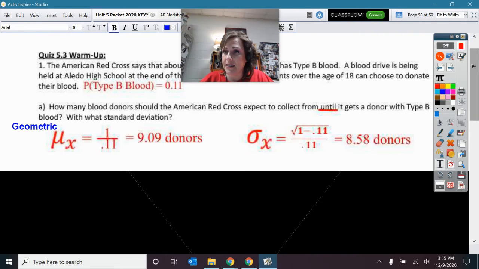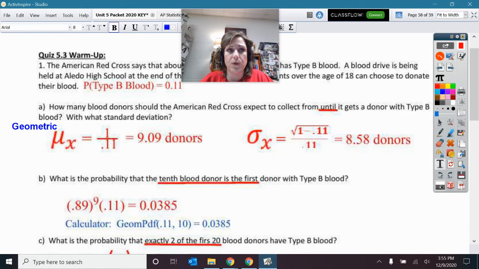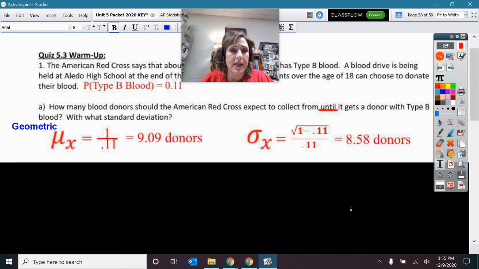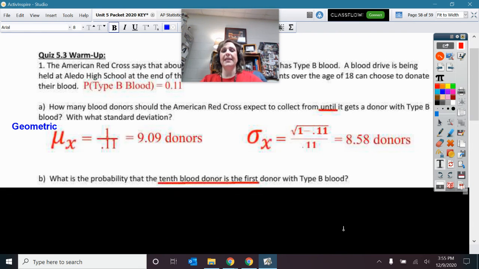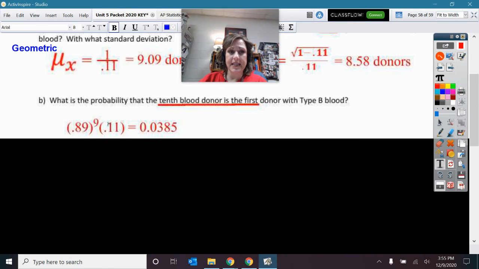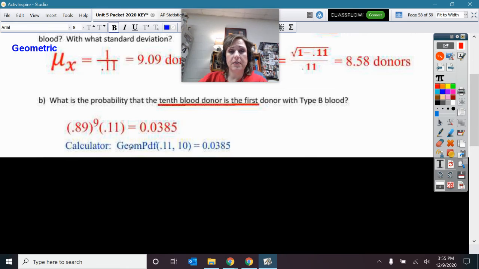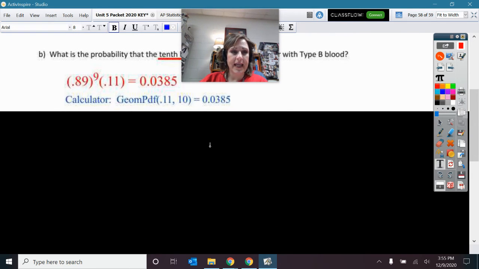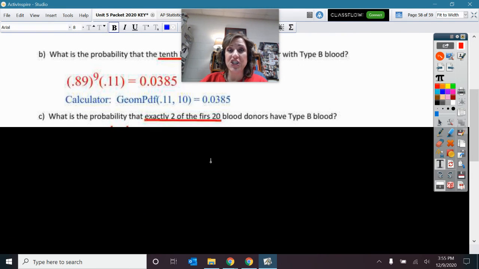All right, next. We're going to say, what is the probability that the 10th donor is the first one who has type B? Well, that means that 9 of them are not successes, and then the 10th one is. So I did geometric PDF, or you could just multiply that out. All right, and next, exactly 2 of the first 20.